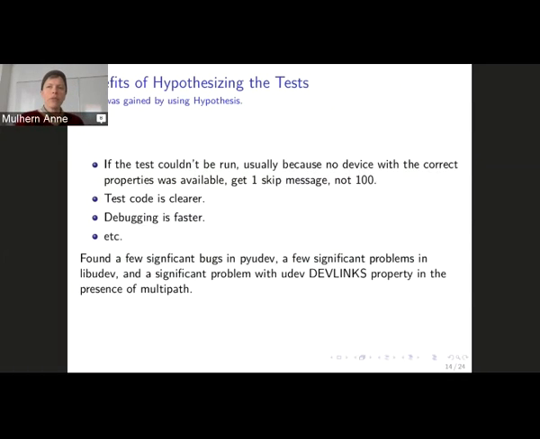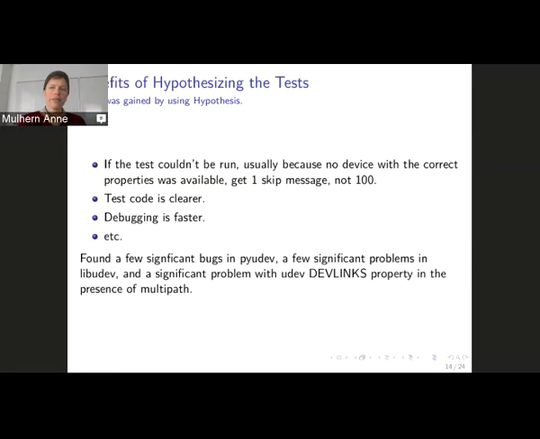Okay, and so why was it worthwhile Hypothesis-izing the test? Well, because what the former developer had done in PyTest wasn't as good. If he skipped an example, he reported it. And that wasn't so great because I was getting hundreds of skipped tests when some large fraction of them were just all trying to test the same thing.